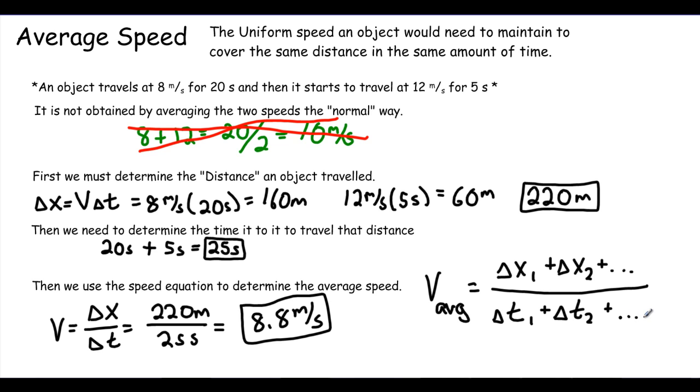So this is what we're going to use to calculate an object's average speed. The first step is to determine the distance. The second step is to determine the time. And then the third step is we can get the average velocity.